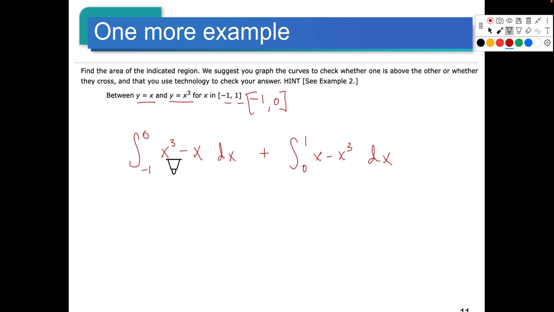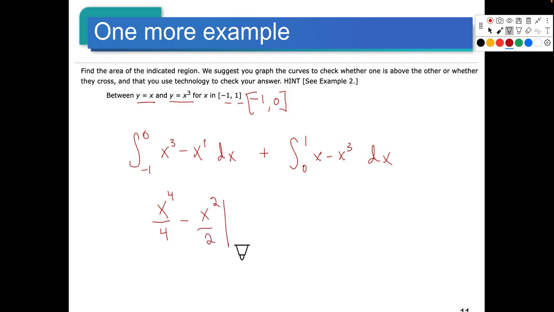So when we integrate x cubed, what do we get? X to what power? 4, divided by 4. Whatever that new exponent is, we add 1 to the exponent. And then we're going to subtract x. We add 1 to this exponent. It's actually an exponent of 1, so 1 plus 1 is 2, divided by 2.